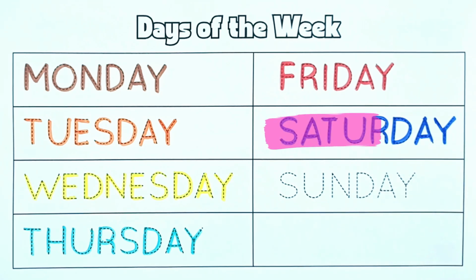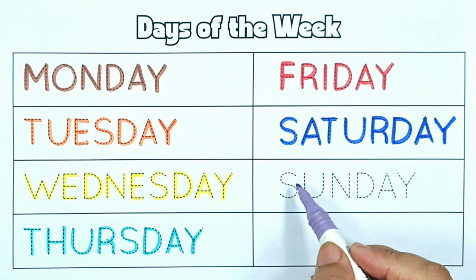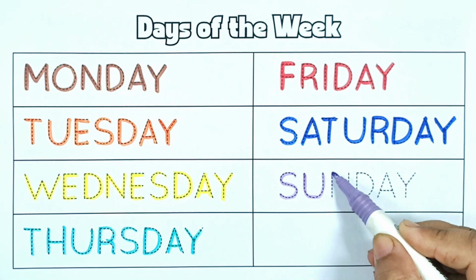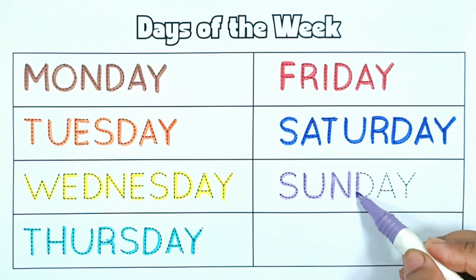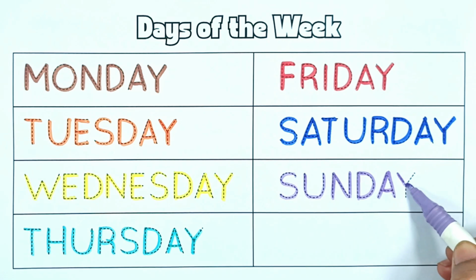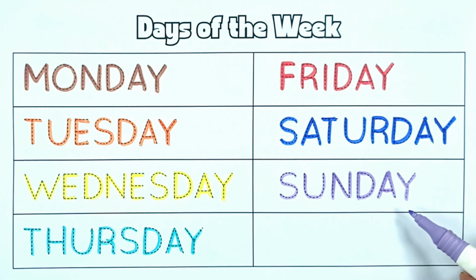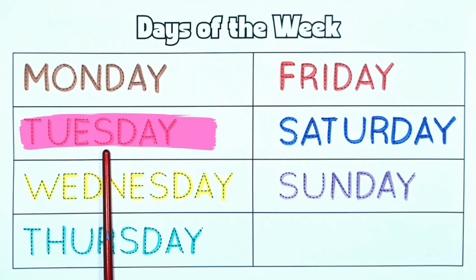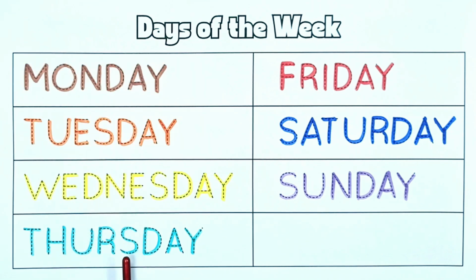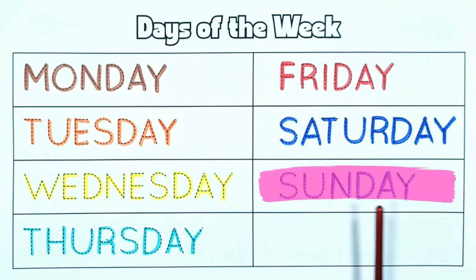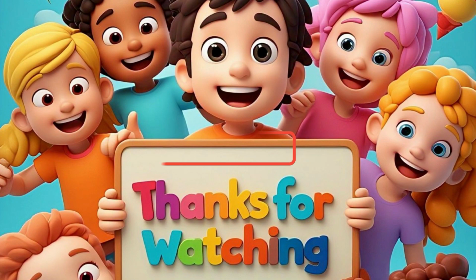Hi-ho the dairy-o, the nurse takes the cow. The cow takes the dog, the cow takes the dog. Hi-ho the dairy-o, the cow takes the dog. The dog takes the cat, the dog takes the cat. Hi-ho the dairy-o, the dog takes the cat. The cat takes the mouse, the cat takes the mouse. Hi-ho the dairy-o, the cat takes the mouse. The mouse takes the cheese, the mouse takes the cheese. Hi-ho the dairy-o, the mouse takes the cheese.